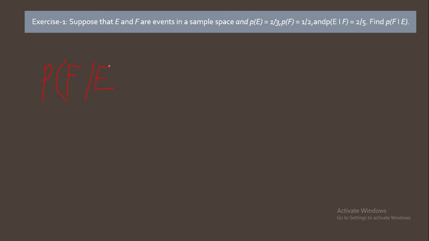So if we use the formula of Bayes theorem, the formula will be probability of E given that F into probability of F, right? And what will be the divisor?